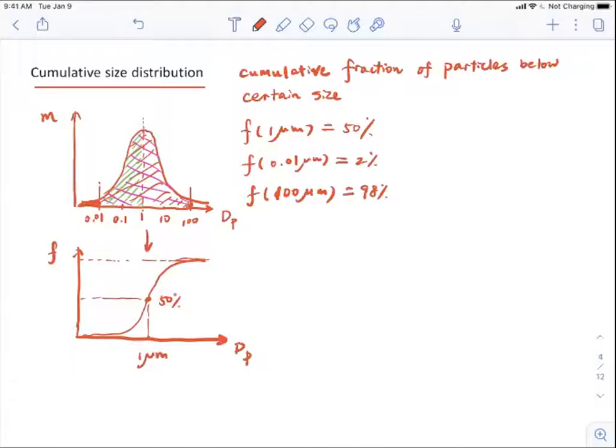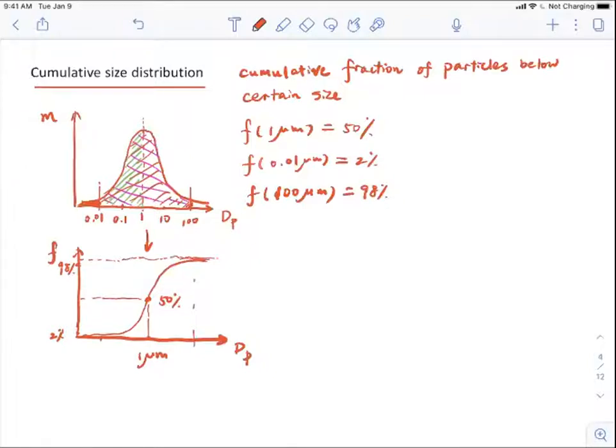At 0.01 micrometer, this is 2%, right? And then at 100 micrometer, this is 98%, okay? So this is how we can show the cumulative mass fraction.